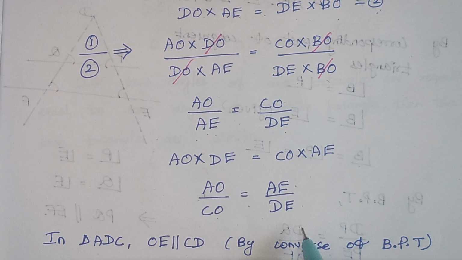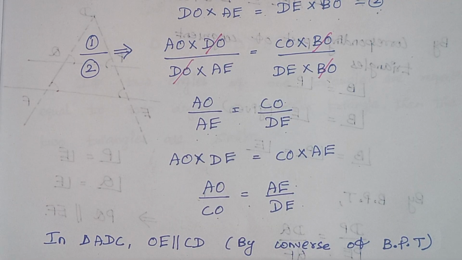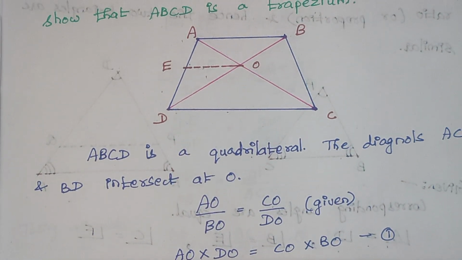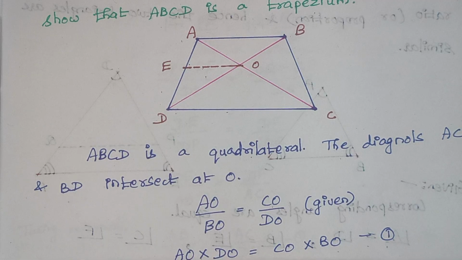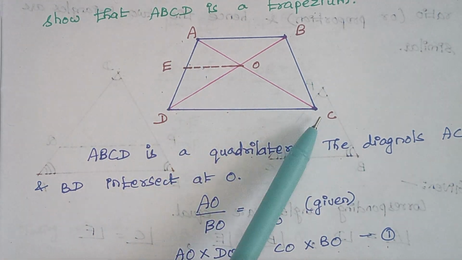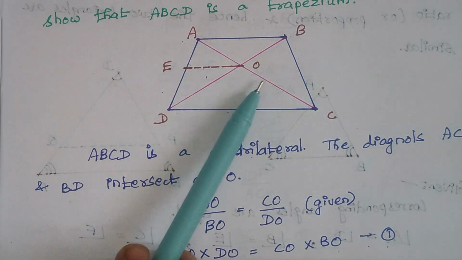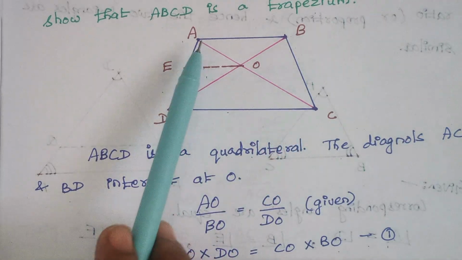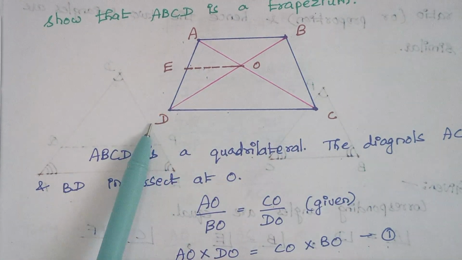Again, when you look at triangle ADC, we will move back to the figure. What is the criterion here? What we got is AO by OC, or CO, AO by CO is equal to AE by ED.